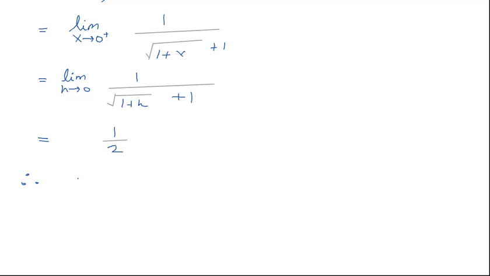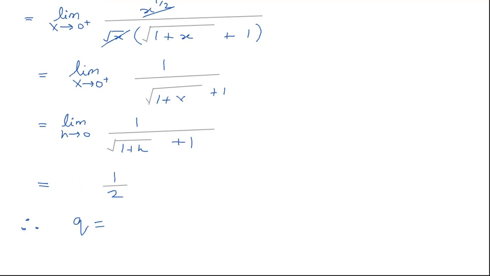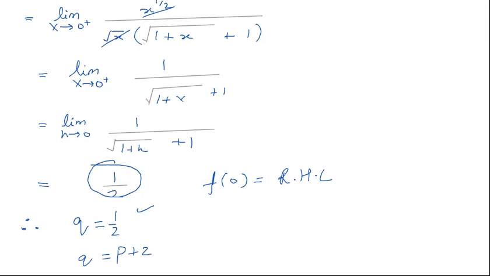Therefore q is equal to 1/2, and as we have written that q is equal to p + 2, let us substitute its value. Since the value of the function at 0 is equal to the right hand limit of the function, q equals 1/2, and q is equal to p + 2.